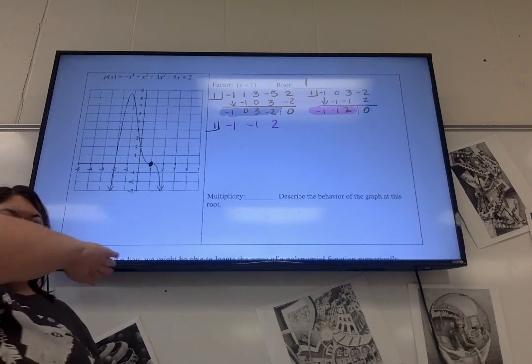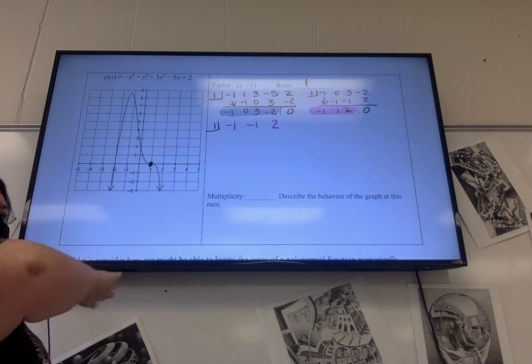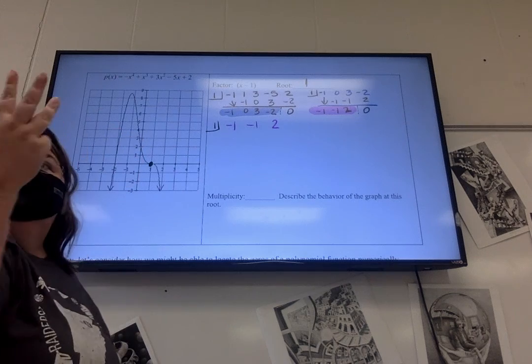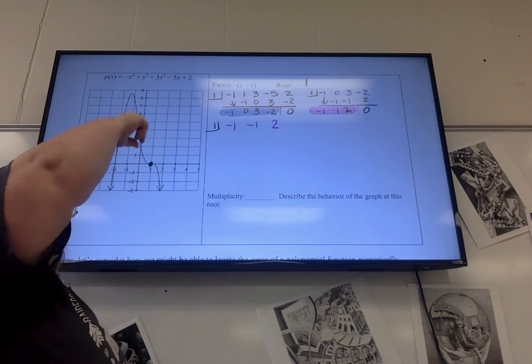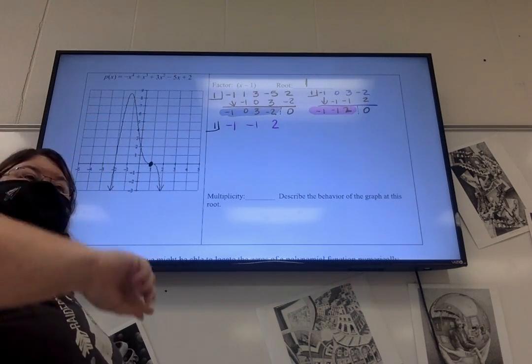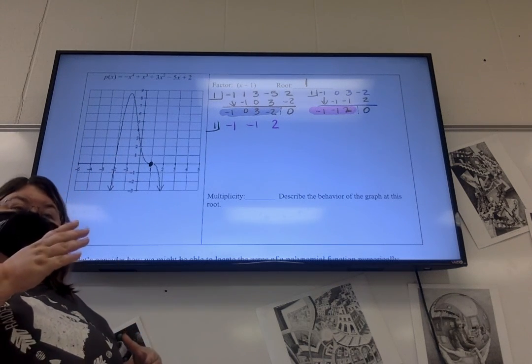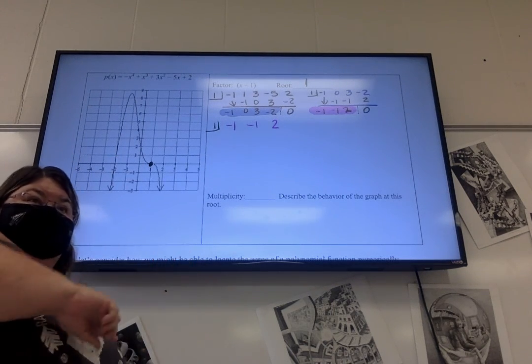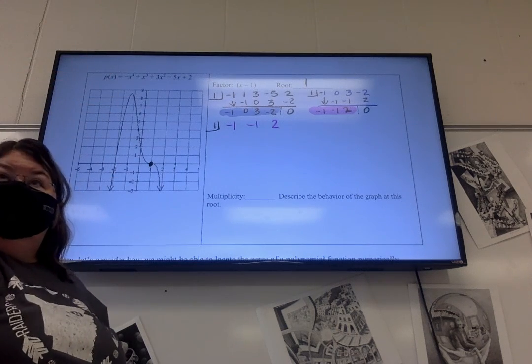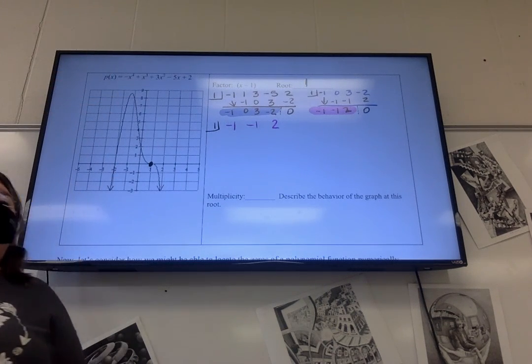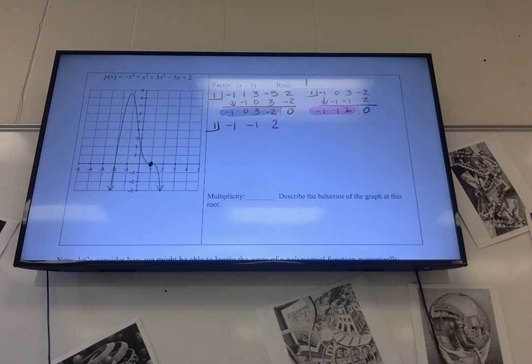Yeah, if it does that little flattening out thing, then it's 3. If it does a bounce or it's tangent to the x-axis, then it's 2. And if it just goes through and doesn't change concavity, then it's 1. So this one should be 3.